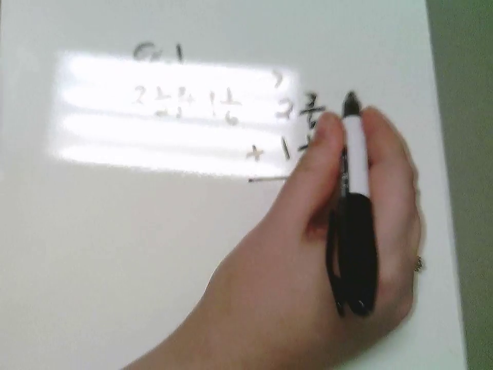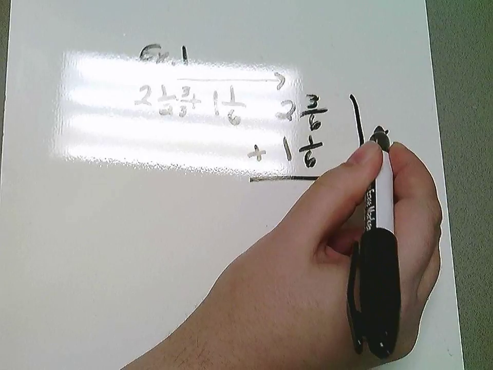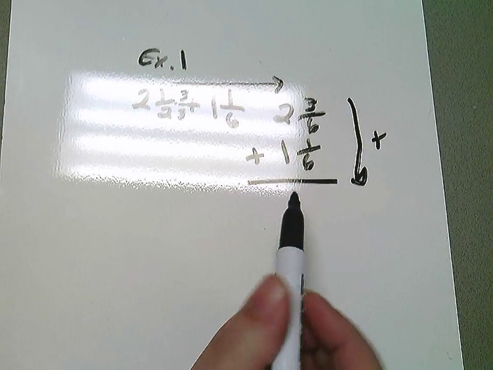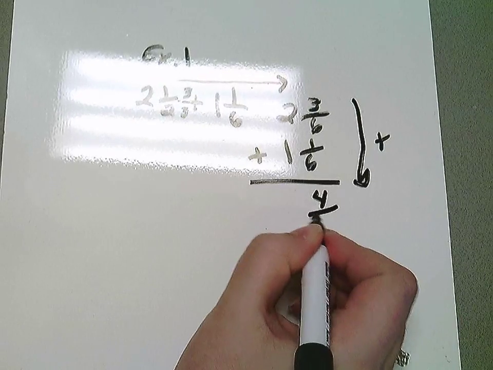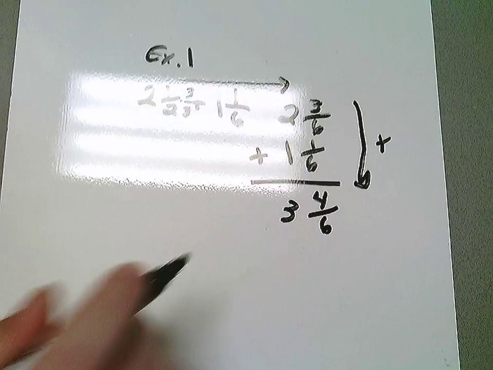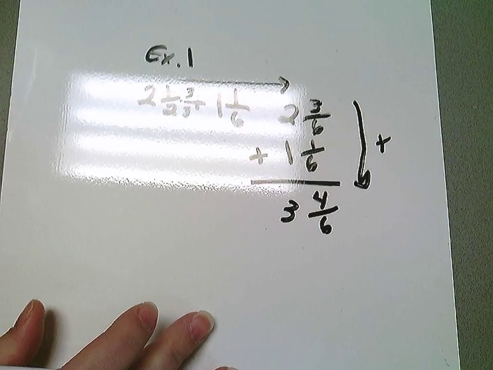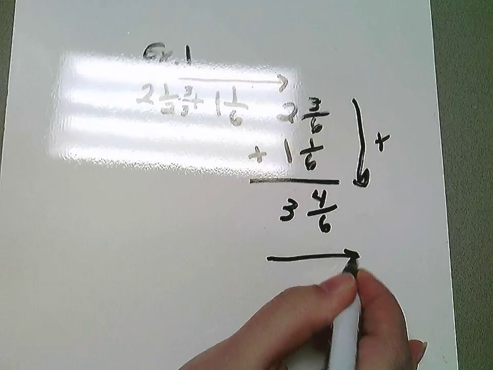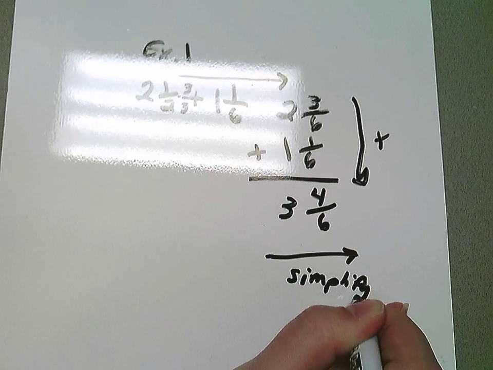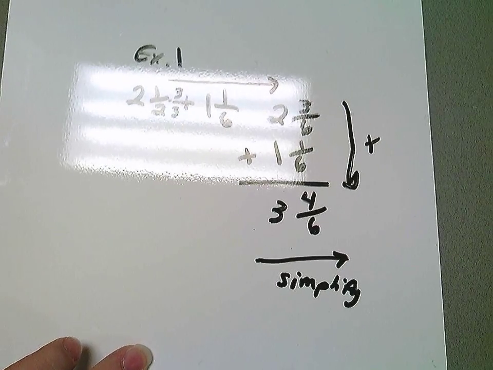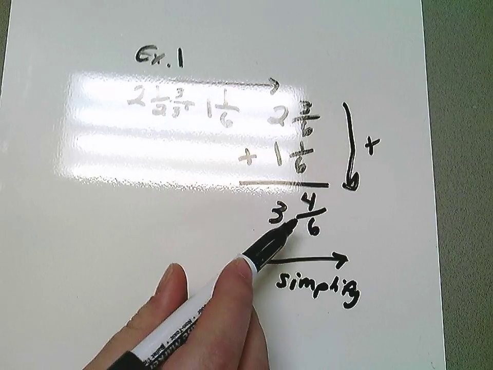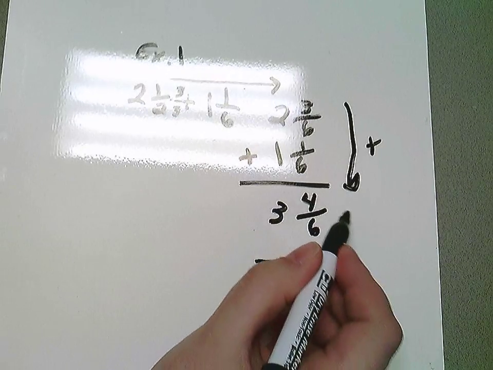We operate, which means we're going to add. Let's start with our fractions. 3/6 plus 1/6 is 4/6. 2 plus 1 is 3. Then, of course, our last step is to simplify. Okay, we can simplify this 4/6 because 2 goes into both numbers.